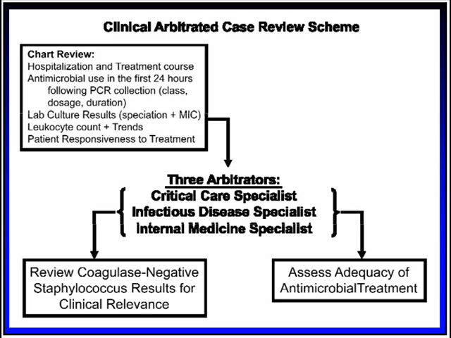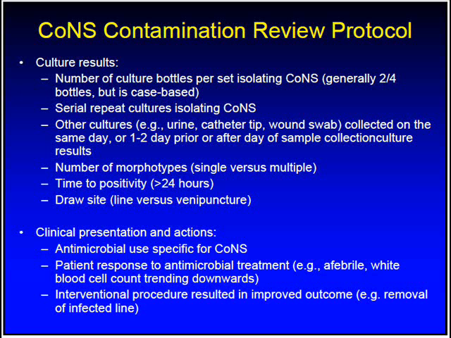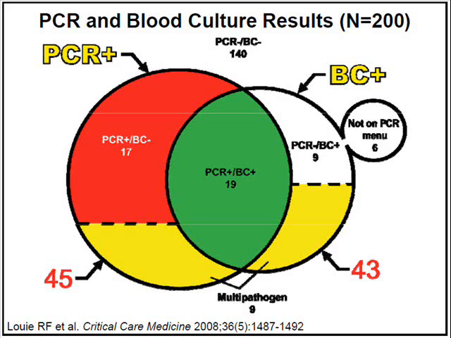The 3 arbitrators are provided with data on the treatment course, laboratory results, and patient responsiveness to the treatment, to discern whether the coagulase negative staph results from the PCR or blood culture method are clinically relevant or contamination. On this next slide are some of the criteria used to evaluate the clinical relevance of the coagulase negative staphylococcus finding.